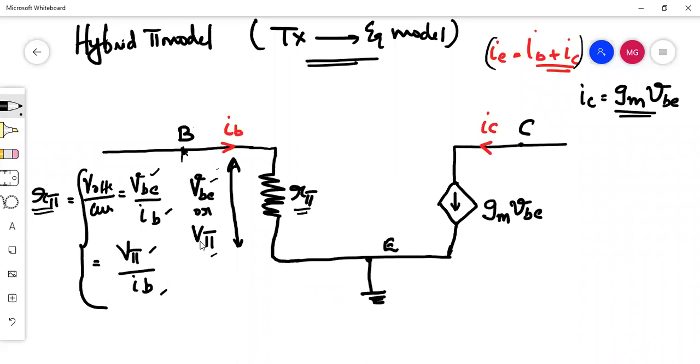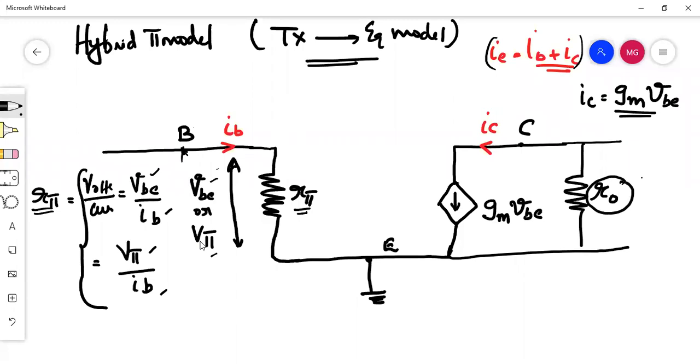And in some textbooks, there is one output resistor, not the load resistor. Across the collector, internally there is an output resistance, that is small RO. But this small RO is not regularly seen in every circuit.